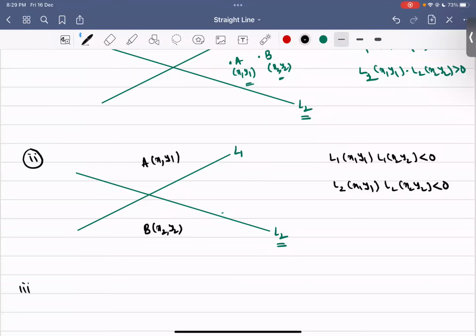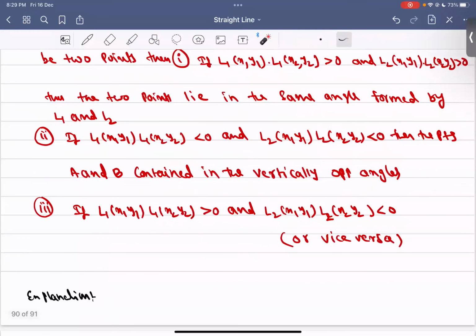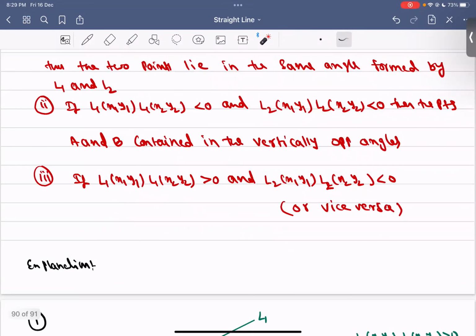For the second one. Next, the third one: if the first product is positive and the second product is negative, or the first product is negative and the second product is positive, vice versa, then what is the condition? I have not written this. Less than 0, I will write.